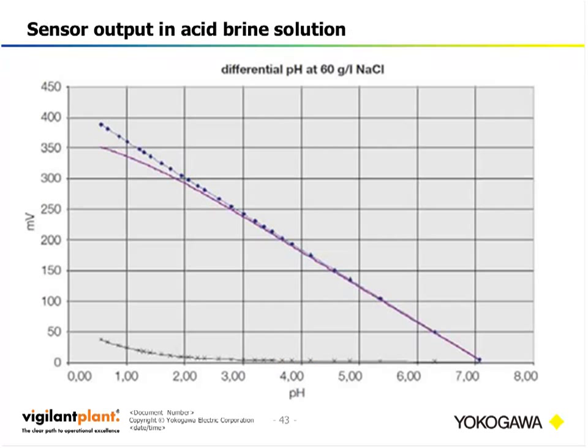Just to show you some more of the testing of the sodium reference, let's take a look at some graphical information. In this graph, the millivolt output of both the pH glass and the sodium glass are measured against the calomel reference system. This graph is for 1 molar sodium chloride, so it's quite a strong solution.